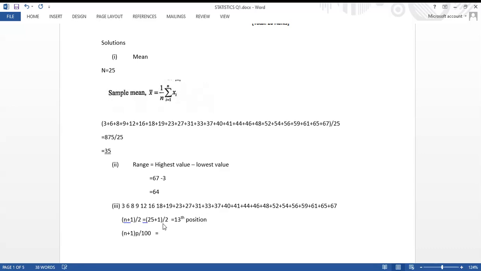So n is 25, plus 1, times 50, divided by 100. 26 times 50 is 1,300, divided by 100, you get 13.